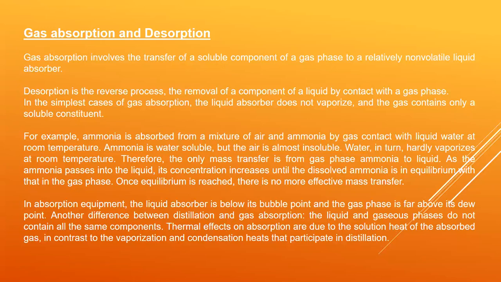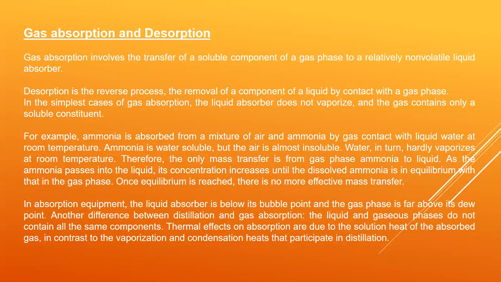So in this case we are able to separate ammonia, which is a contaminant, from air, by simply using pure water. Now, water being used as a solvent in gas absorption hardly vaporizes at room temperature. In this case, we need to view the process as something in which liquid water remains as liquid. So therefore, the only mass transfer here is from gas phase ammonia to liquid solvent water.